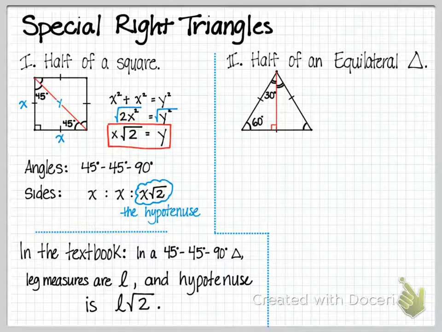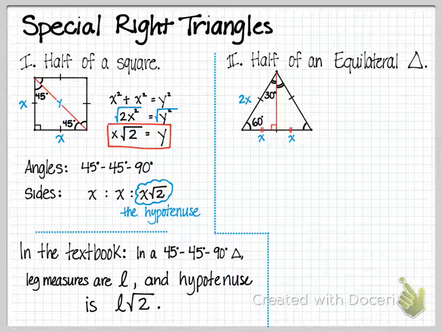It bisected the vertex angle, so we now have a 30 degree angle, and it also bisects the base, so that if I called each of those halves x, that would mean that the sides of this equilateral triangle would be 2x. And what I'm really interested in is that right triangle that has a 60 degree angle, a 30 degree angle, and a 90 degree right angle.